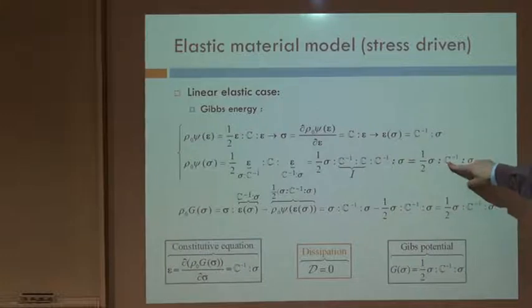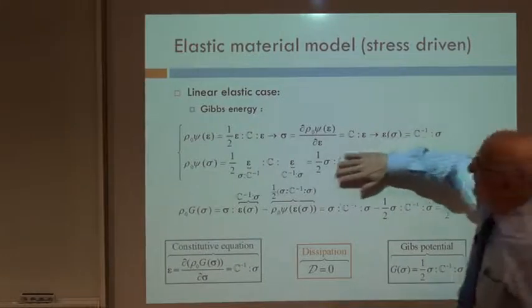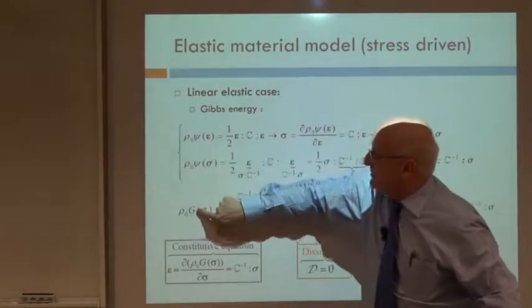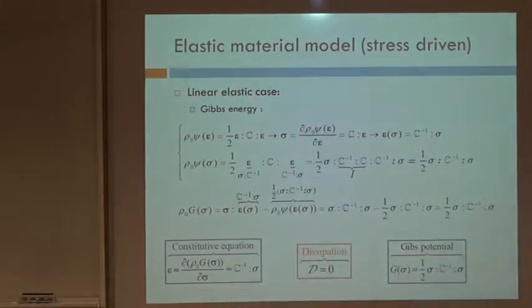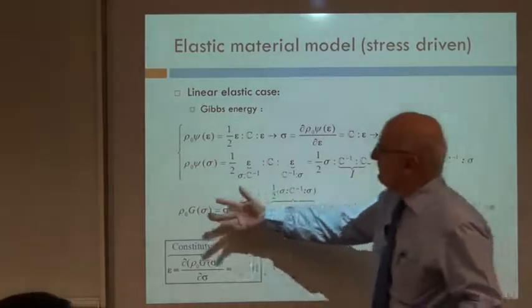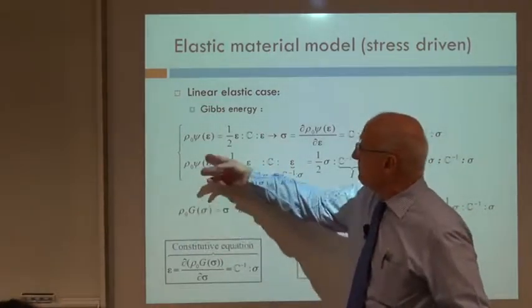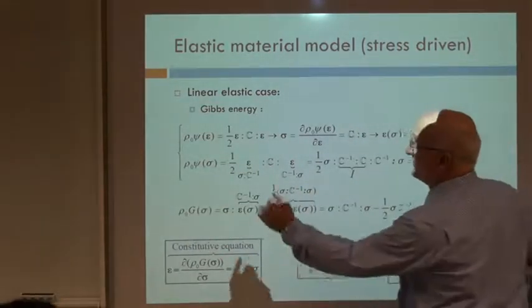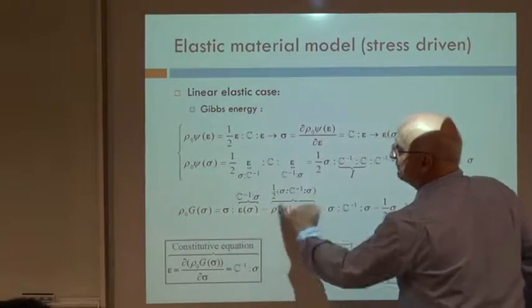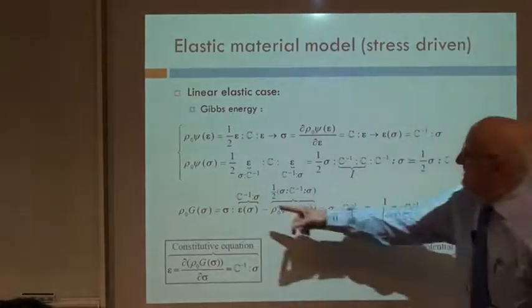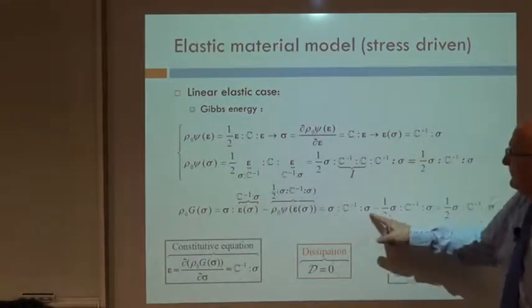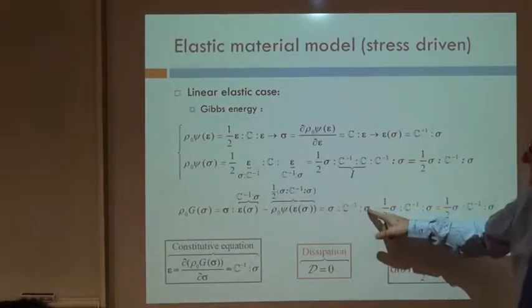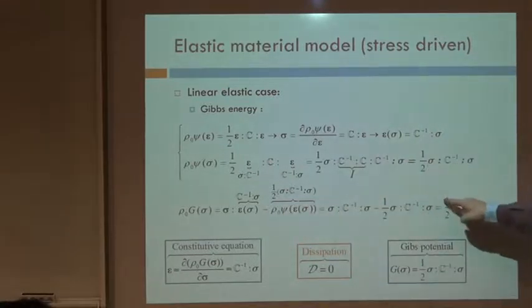Okay? But I could also have found that, forgetting that, and defining G, in addition, I now define G as the Legendre transform of phi. So, by definition it is sigma times epsilon minus the free energy. But sigma times epsilon, which is sigma times C minus 1 sigma, in that way, gives sigma C minus 1 sigma minus that, which is 1/2 of that.